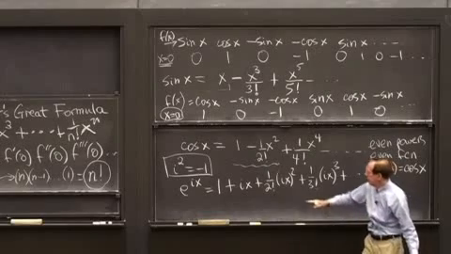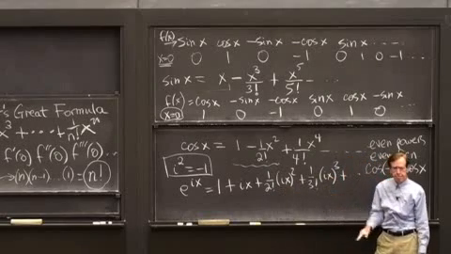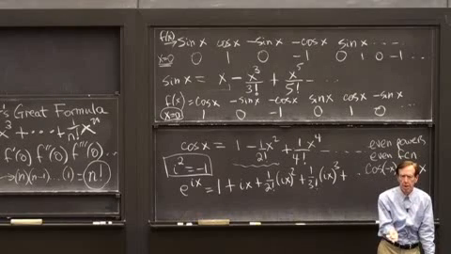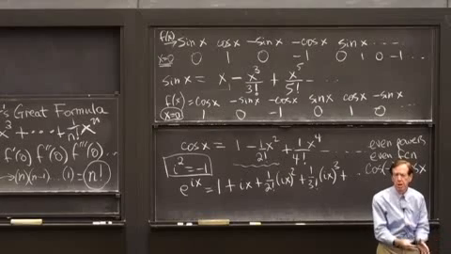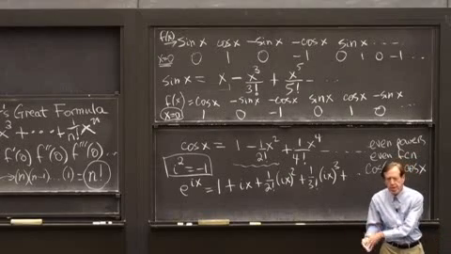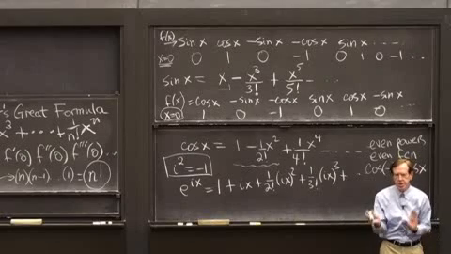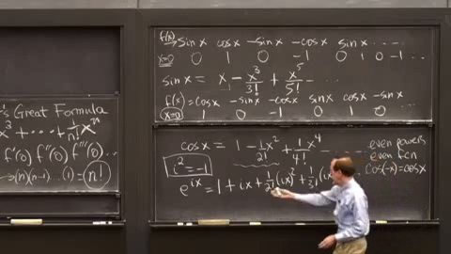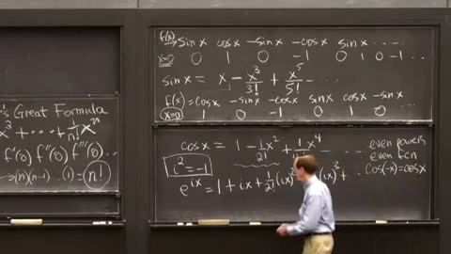Now I'm going to look at this mess, and I'm going to separate out the part that is real from the part that's imaginary. I'm going to separate it into its real part and its imaginary part. So what is real in this thing?